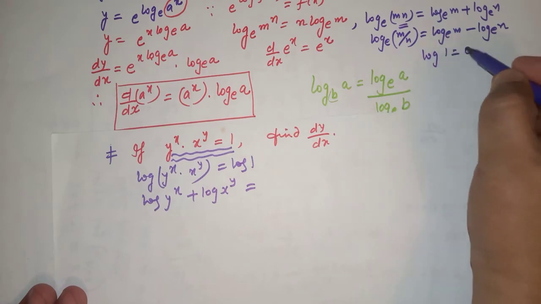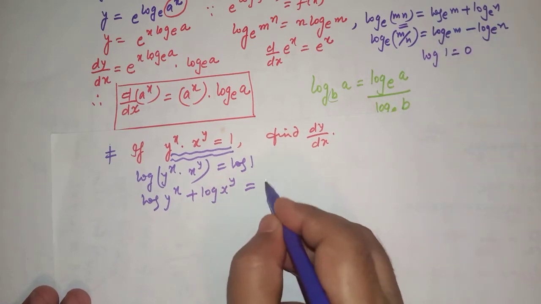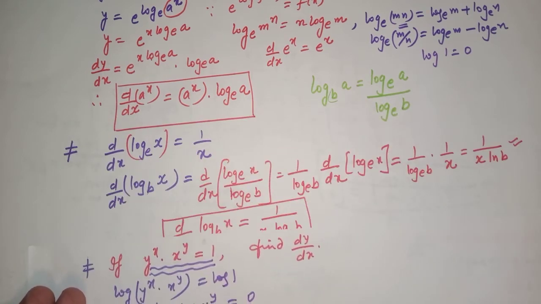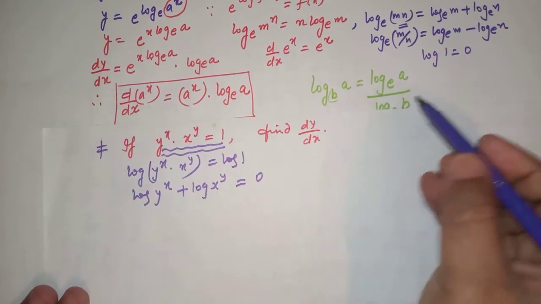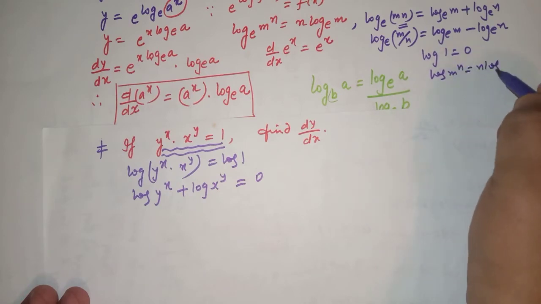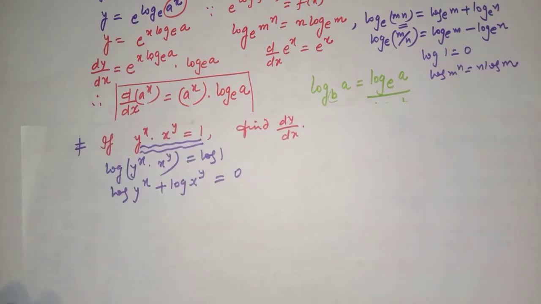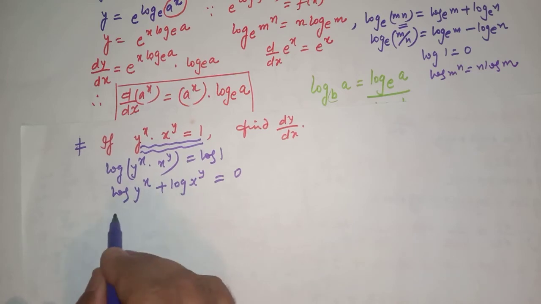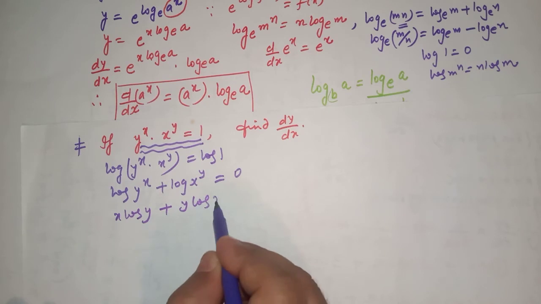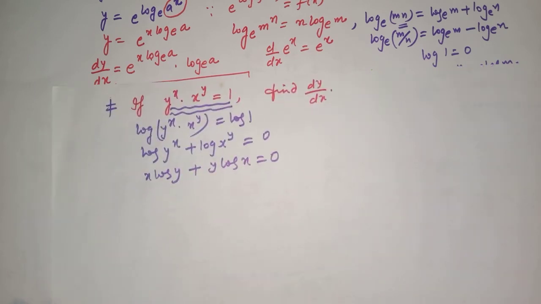Clear? Log 1 is 0. Now we'll apply this rule: log m raised to n is n log m. Clear? So here we'll apply it.